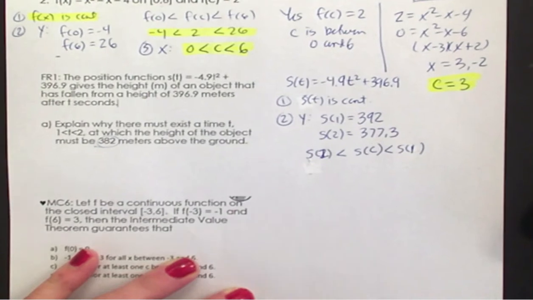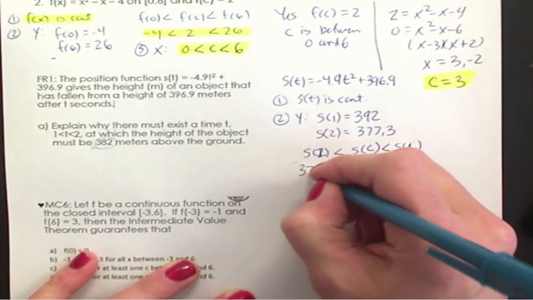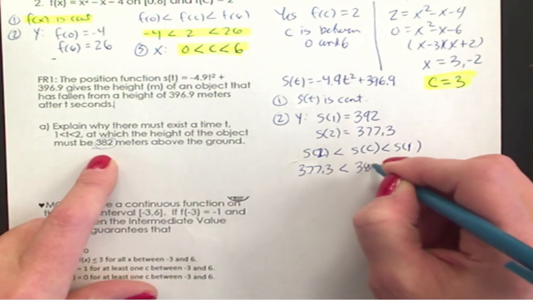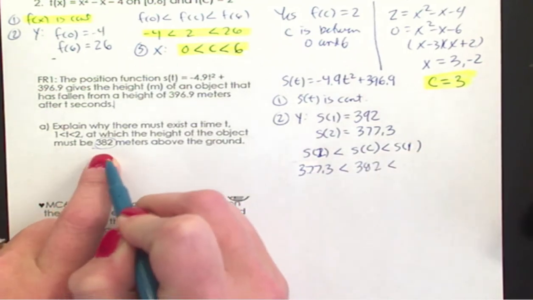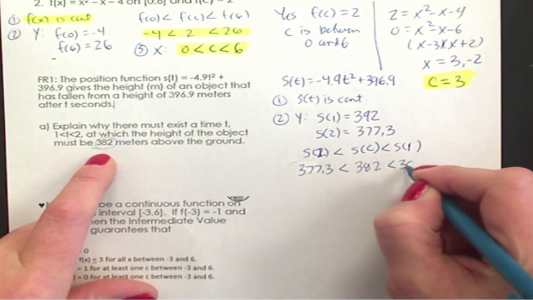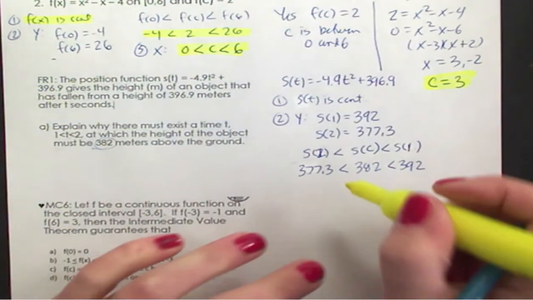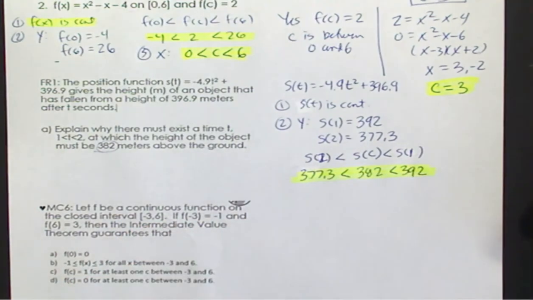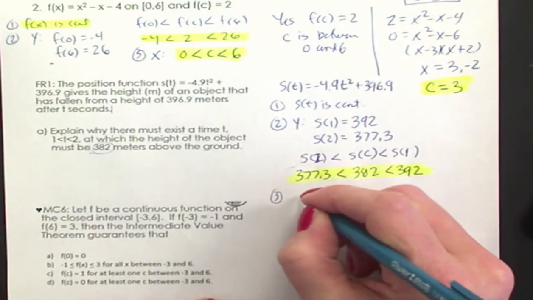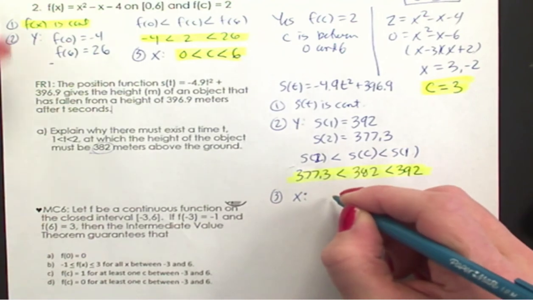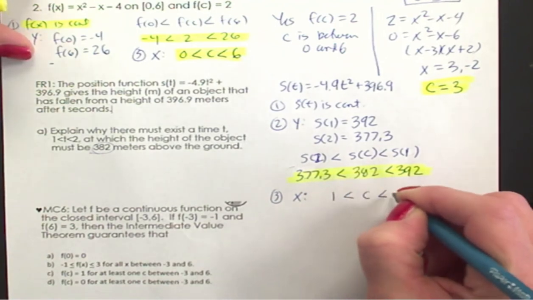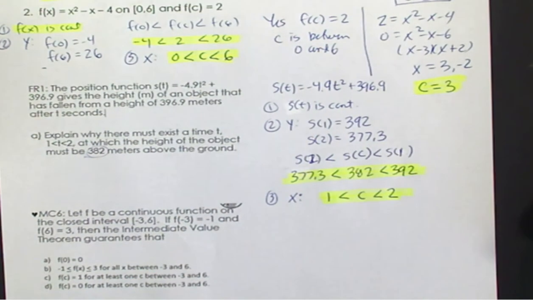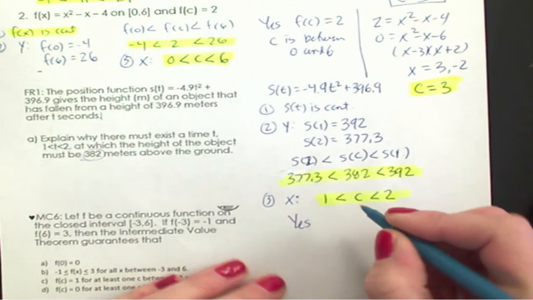Okay, you have to put it in numerical order. 377.3 is less than 382. That's the value in question. 392. Okay, this inequality is true. Okay, step 3. Compare the x's. 1 is less than c is less than 2. This is true. Answer, yes.